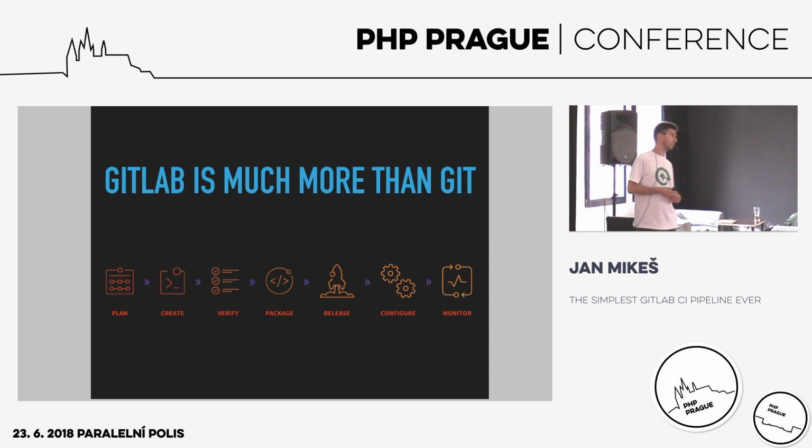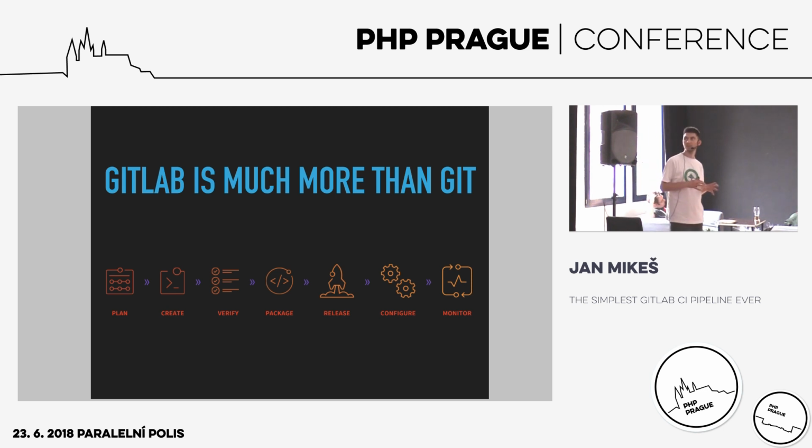For example, those of you who are working with Docker must know Docker Hub, right? So GitLab offers its own registry for Docker images, and it makes working with CI and everything even easier. And there are so many features.